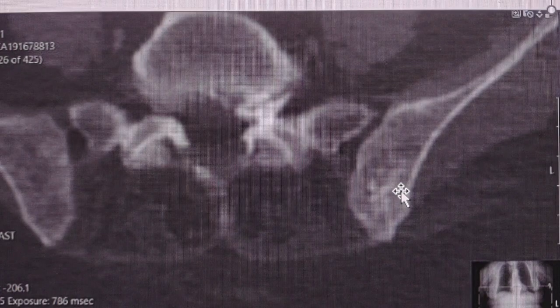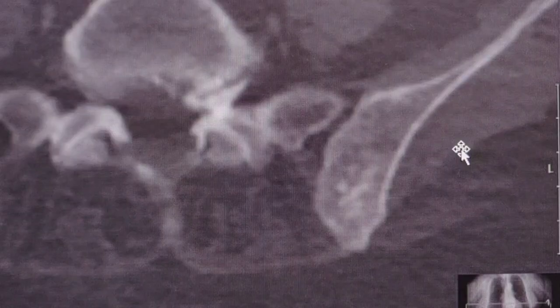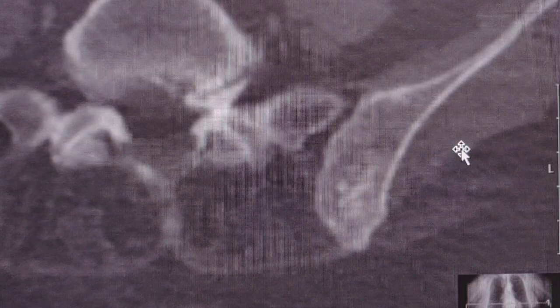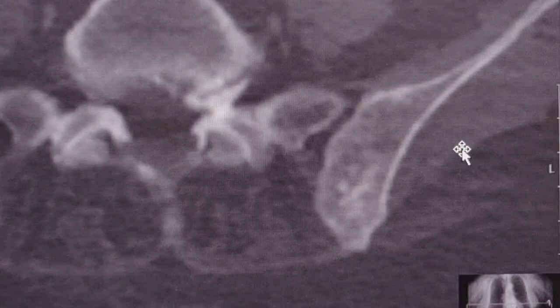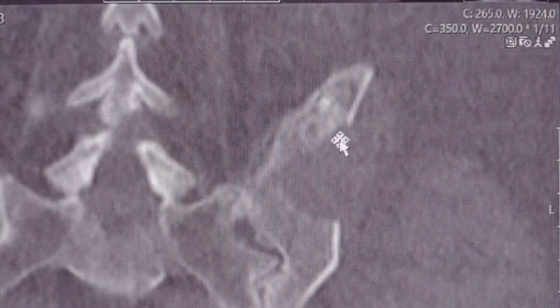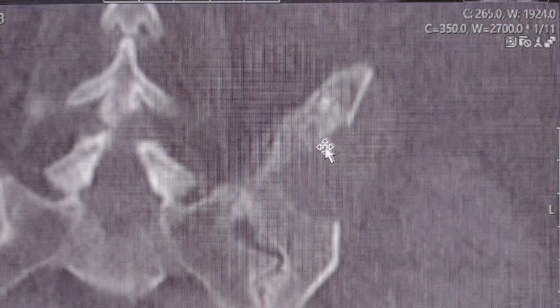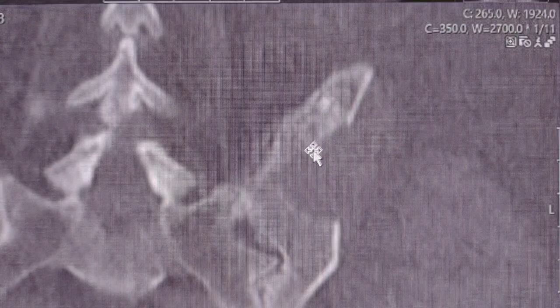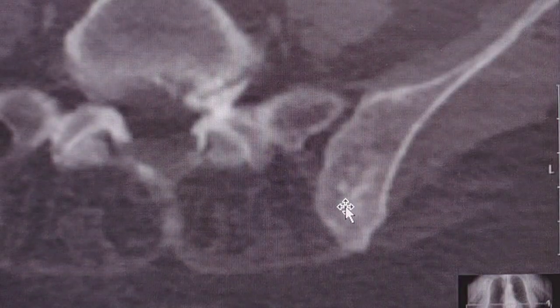And this patient underwent a CT scan 5 years later, and look what was found. There is a lytic lesion here, compatible with chondrosarcoma. Okay, so this is another patient from my archive.